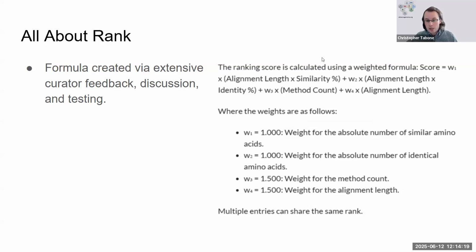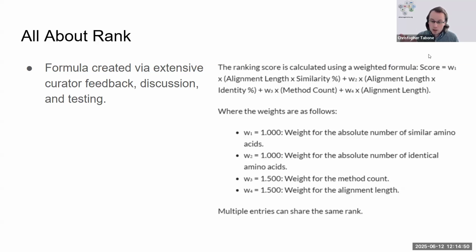We created this formula to properly rank, for lack of a better word, the results here for paralogy, because we felt that there was more information other than the count that would be useful for people, especially identity, similarity, and the alignment from these particular results in paralogy. It's a little more complicated than just an orthology count because of the relationship and the way paralogy is as a research topic in the field. So this was mostly trial and error.